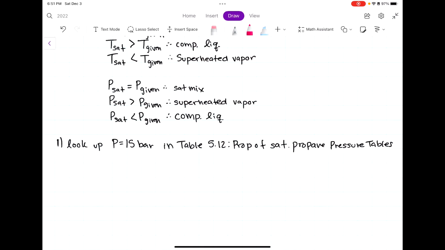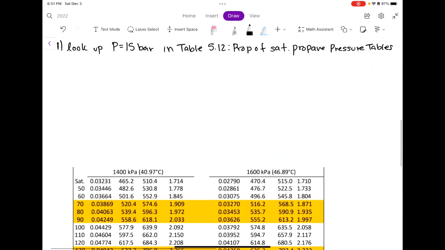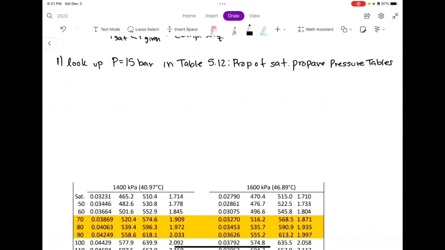Alrighty, so let's see what we have here. We saw that our T saturated, or temperature of saturation at P equals 15 bar, was 44.01 degrees Celsius.